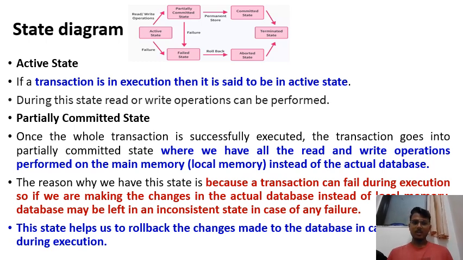The reason we have this stage is that a transaction can fail during execution. If we were making the changes in the actual database instead, the database may be left in an inconsistent state in the case of any failure.